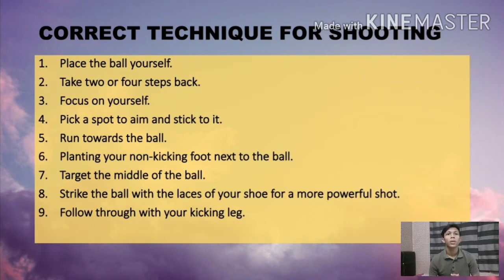Next, take 2 or 4 steps backward from the ball that you place. Then continue with one side to your non-kicking foot. So you can run and shoot from there. Make sure it's not too far or too close to the ball.